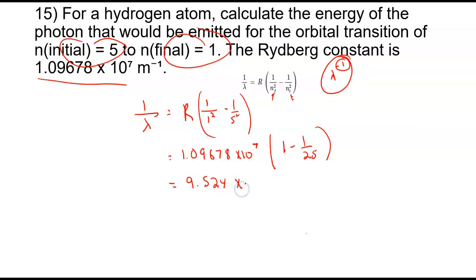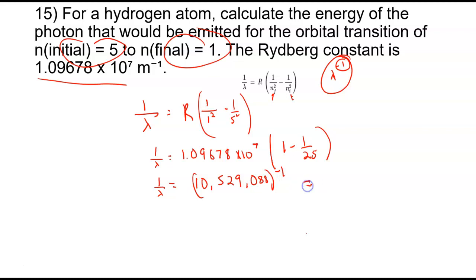And I got, in my calculator, 9.524 times, oh wait, that was after I raised it to the negative 1. So this is 1 over lambda. So I got 10,529,088. Okay, this is not correct. I have to raise this to the negative 1.